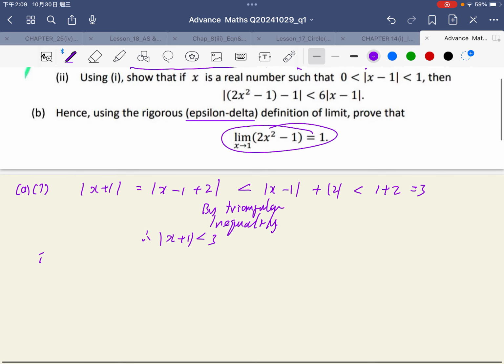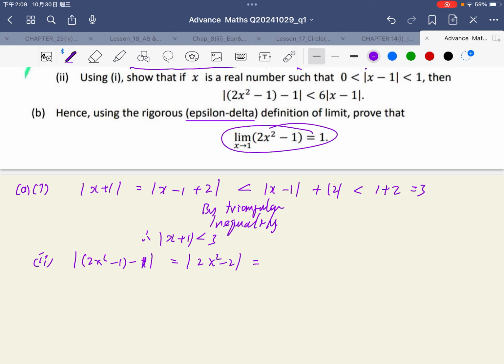For the second part, 2x squared minus 1 minus (2 minus 1) can be simplified as 2x squared minus 2. Factorize the 2 outside, and also factor inside: x minus 1 times x plus 1.